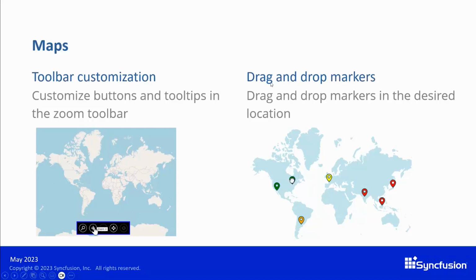And next, you can see the markers here. Now you are allowed to drag these markers and drop them in the desired location. Even the events will also trigger for these kinds of actions when you perform drag and drop of markers.